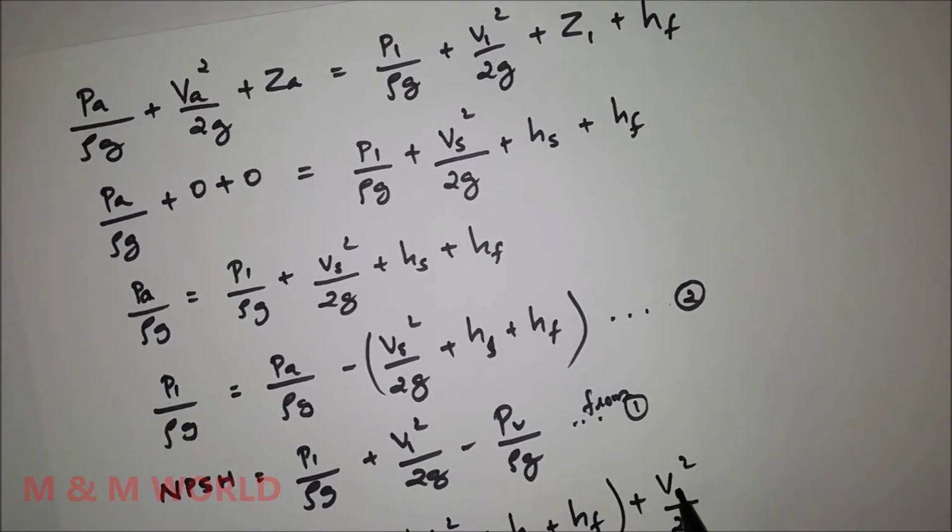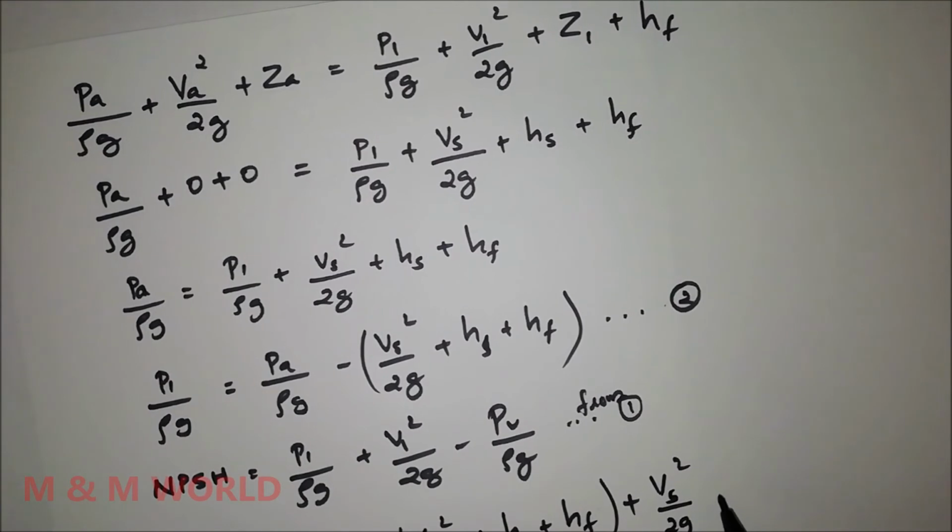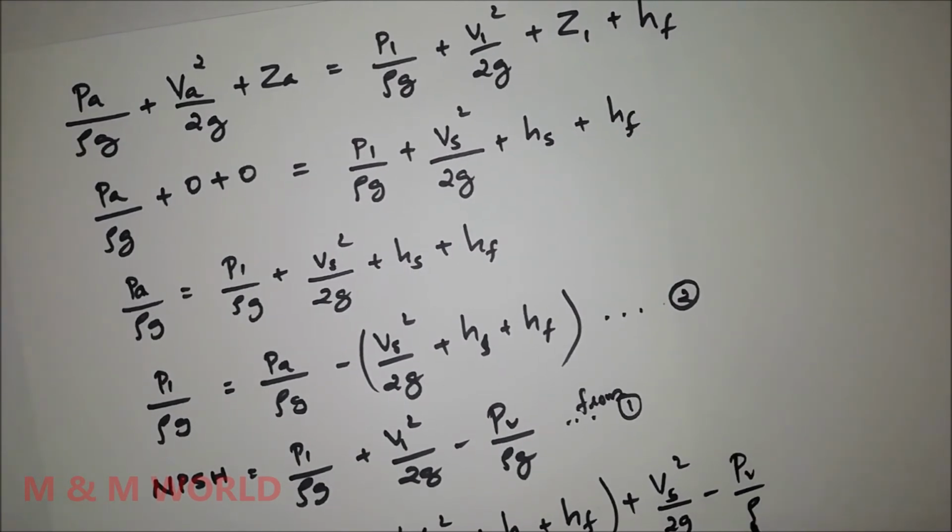So V1 is equal to Vs, so Vs square by 2g minus PV by rho g.